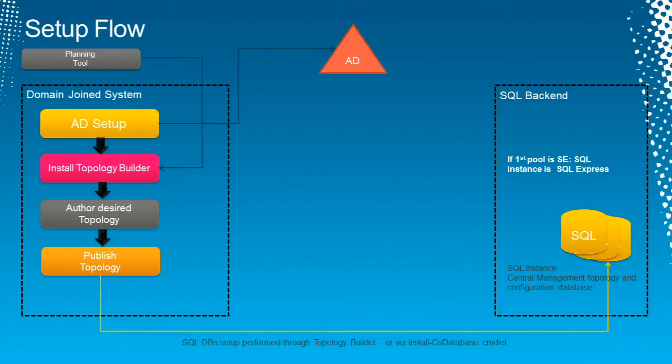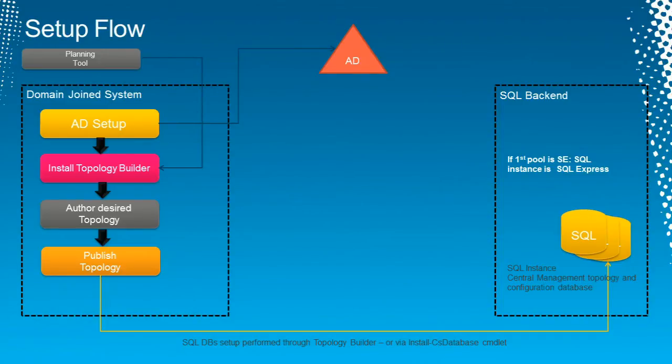Okay, in the next step, we publish the topology. And what happens here is we run a commandlet, we take the XML file, and we write it into the SQL database. If the SQL is not set up, we will run through a wizard to set up the SQL for you. The user that runs the publish would have to be a database admin to be able to create those database tables.